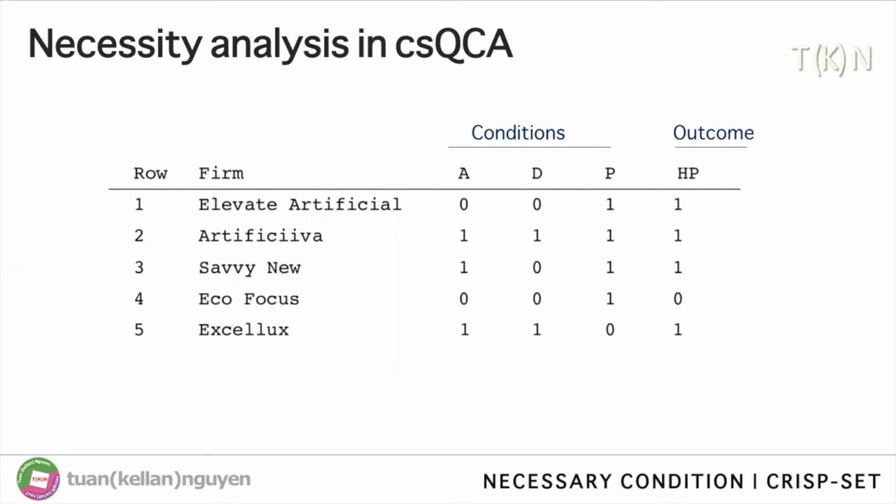Each row is the observation from one specific firm, and each column has QCA values. 1 means a full member of a set, and 0 means a non-full member of the set.